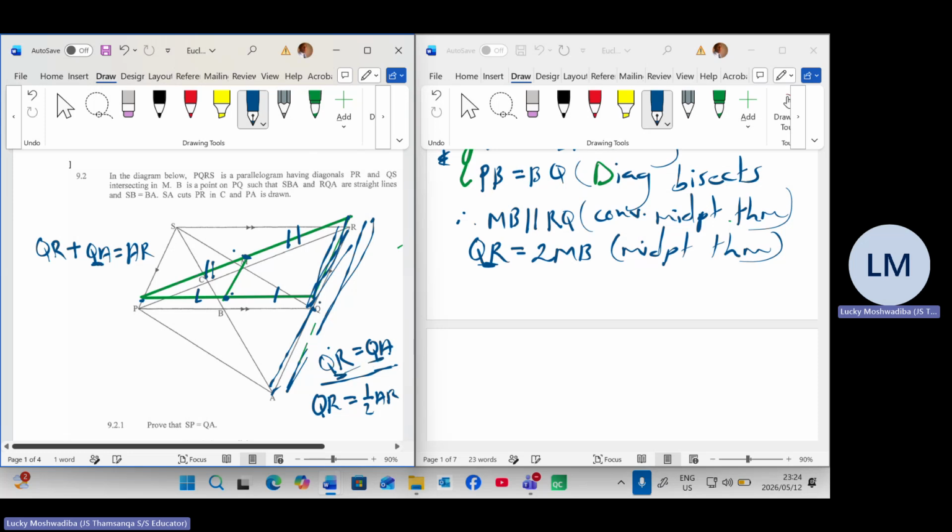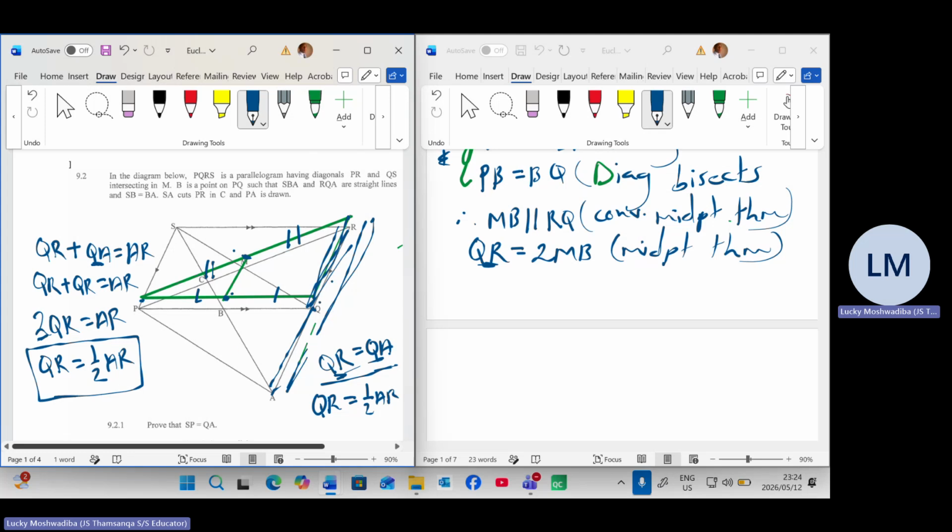We have shown that in our first question. So I will simply replace QA with QR: QR plus QR is equal to AR. What will remain here? 2 QR when we collect the like terms is equal to AR, right? Now what happens when I divide both sides by 2? I will remain with QR is equal to half the length of AR, which is what we are talking about now.